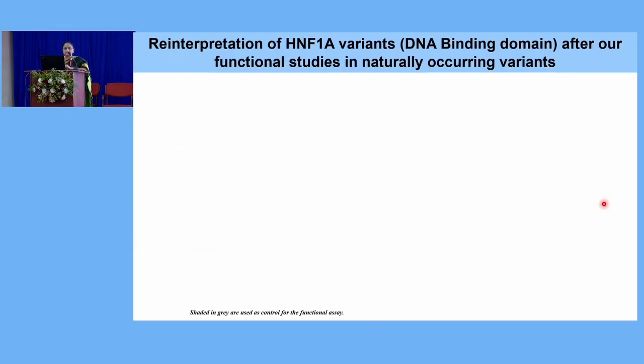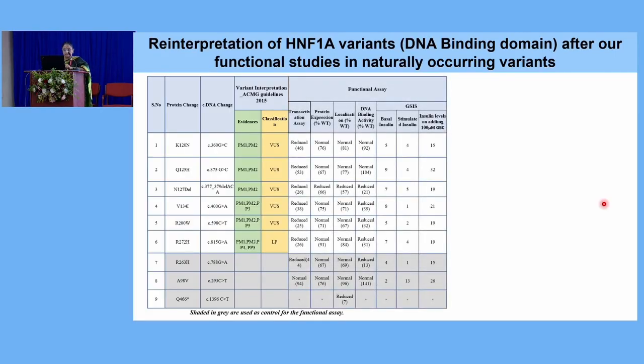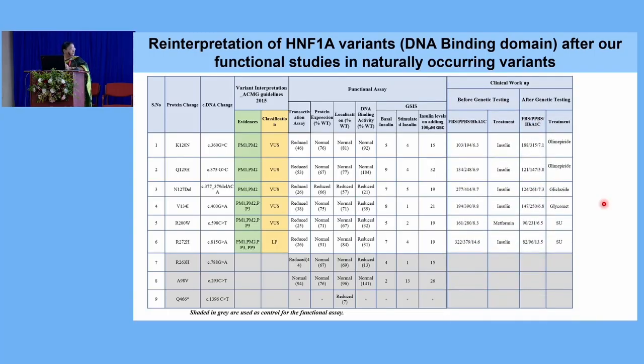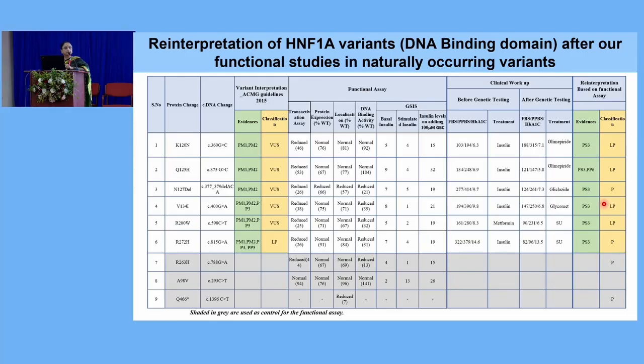So that has led us to reinterpret some of these HNF1 alpha variants. Initially, when we used all the informatics and ACMG guidelines, you can see that some of these variants were VUS, and LP is likely pathogenic. So after putting in our functional assays and following the clinical workup, because already the clinical workup is taking place, we were able to reinterpret some of them.